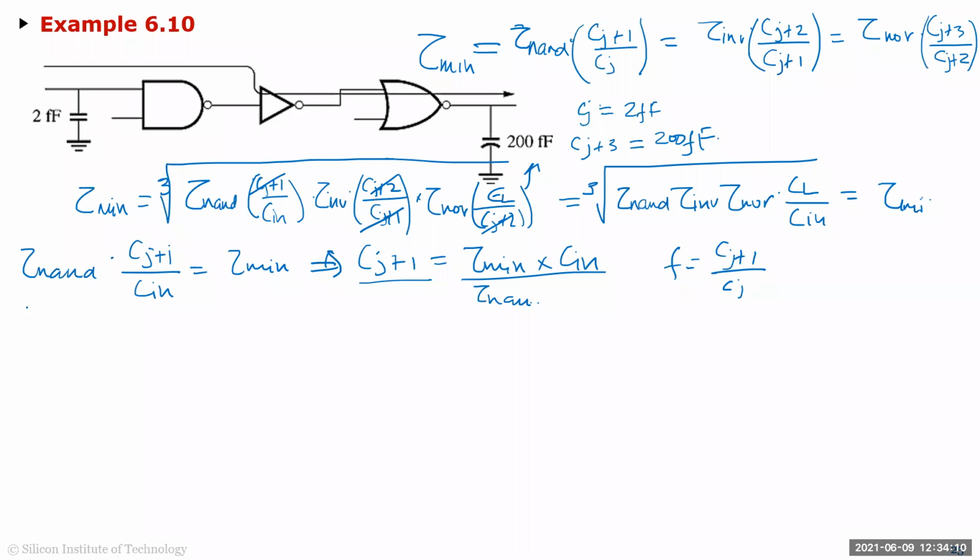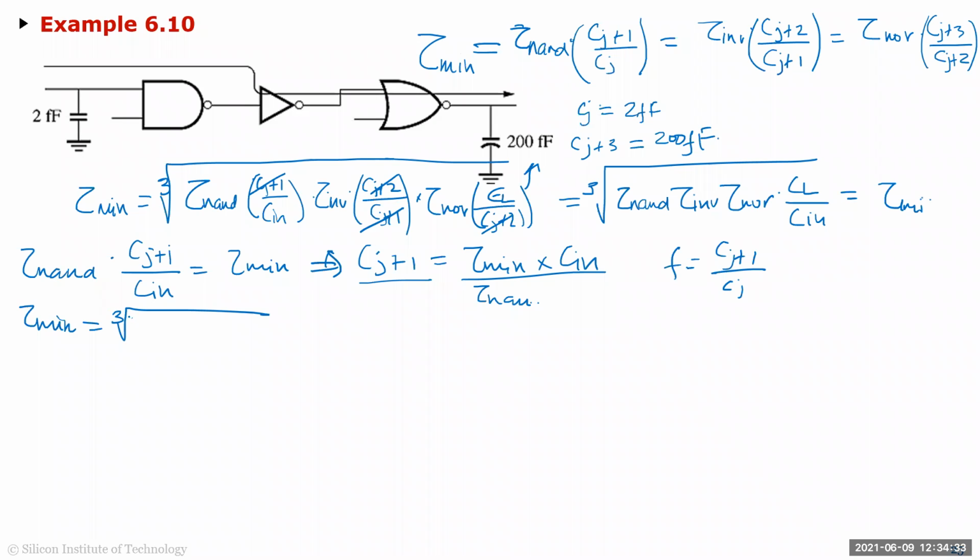So I can find tau min is equal to the cube root of, because you remember the last time we said the delay of NAND is what? 4 times R equivalent CG ln, right? NOR was 5 times. Inverter was 3 times.